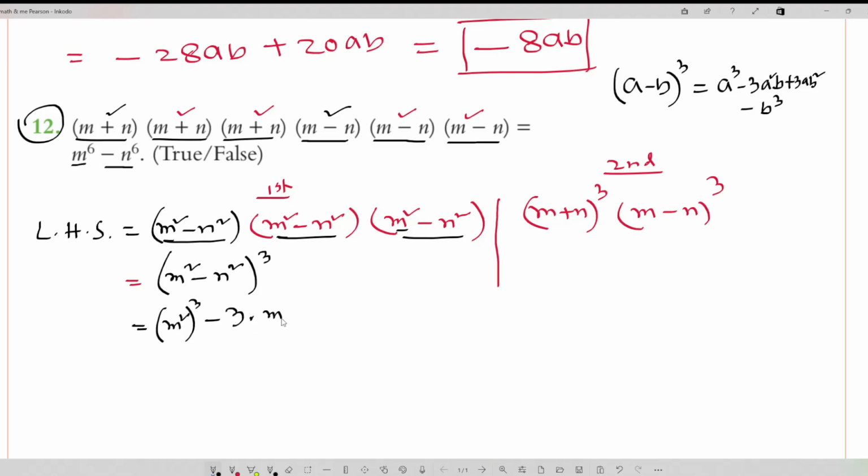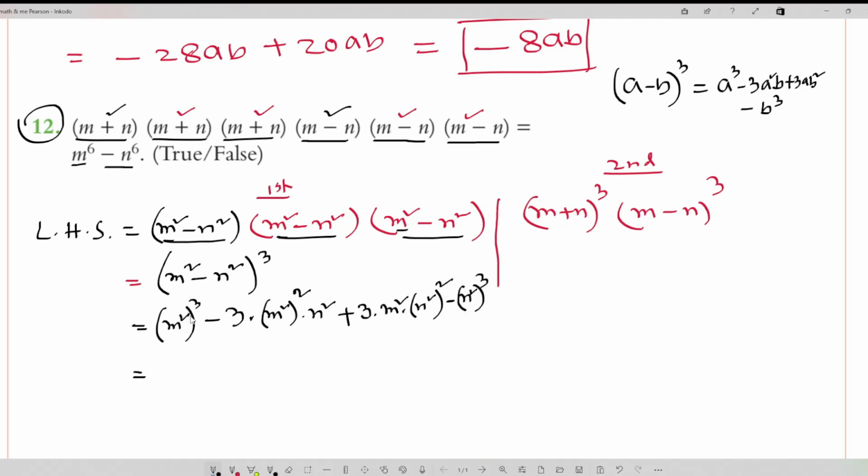It means m square, b means n square, plus 3ab square. 3 a means m square, b means n square, but it's a square, and minus b cube. It means n square cube, right?